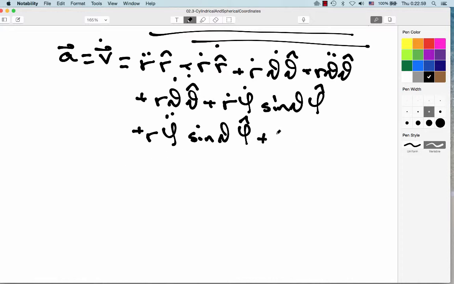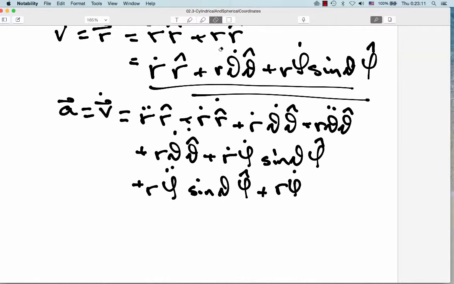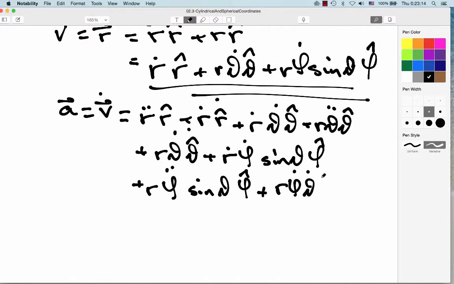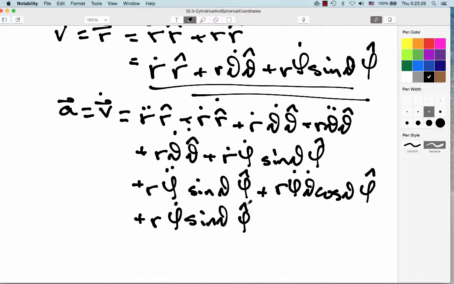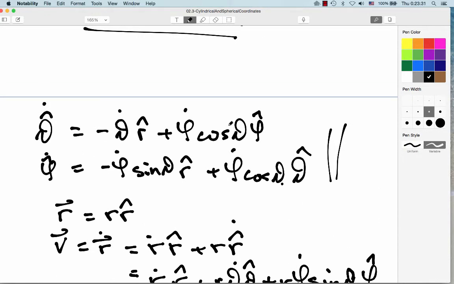So we end up with r phi dot theta dot, derivative of sine is cosine theta phi hat, plus finally r phi dot sine theta phi hat dot. All right.